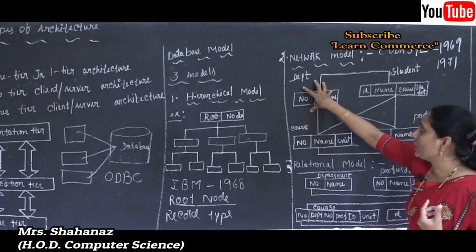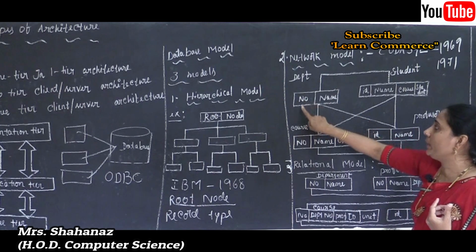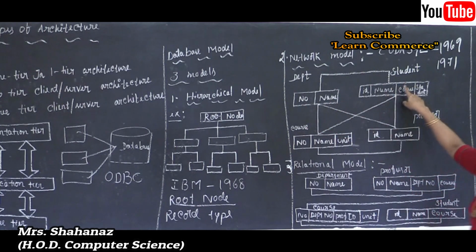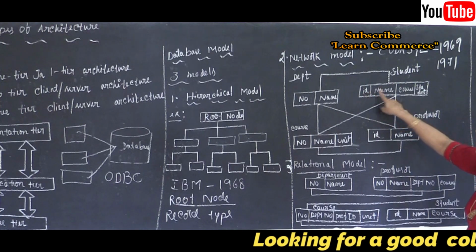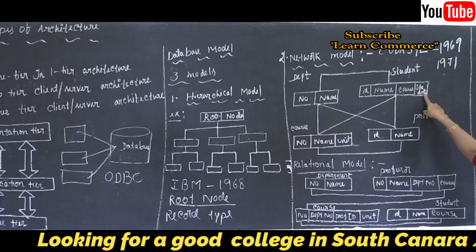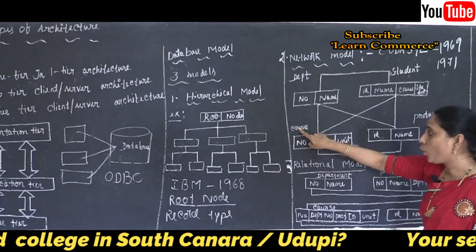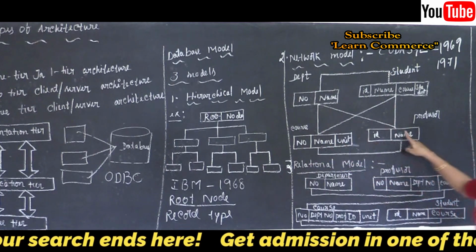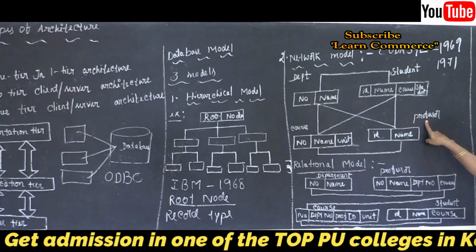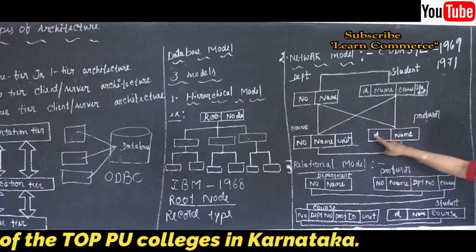The first one is the department, in which department number and name are there. In the next record, that is the next table, we have the student, which contains some of the records: ID, name, course. Next is the course, containing number, name, unit, and later one more, the professor, containing ID and name.